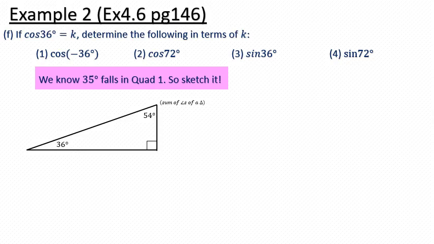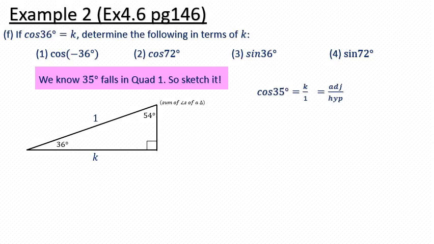Now that we have the variable k, we need to convert that into fraction format so that we can apply SOHCAHTOA. We know that cos is adjacent over hypotenuse, so k over 1 can be linked up with relevant values in this triangle. K will be your adjacent to the 36 degrees angle, and your hypotenuse can be the number 1.